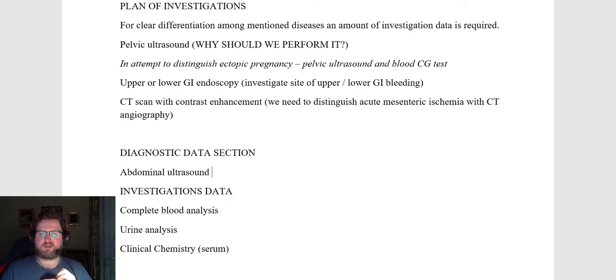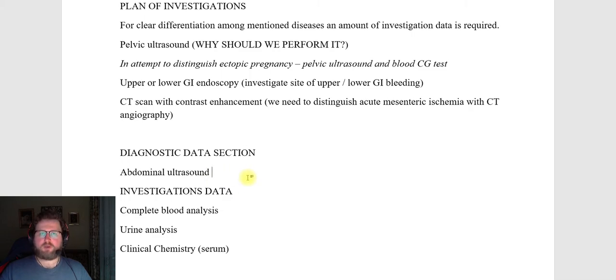It's not invasive. It doesn't require a specific place or specific patient's preparation, and it's just easy to perform. So the first thing which we are going to add to our instrumental methods is abdominal ultrasound.